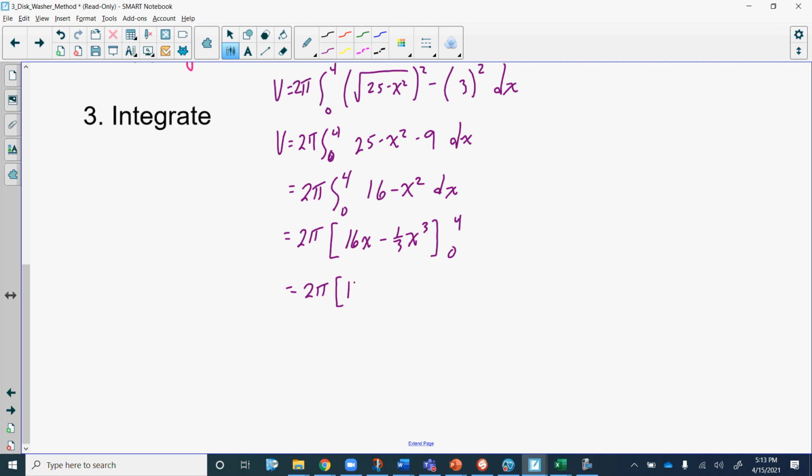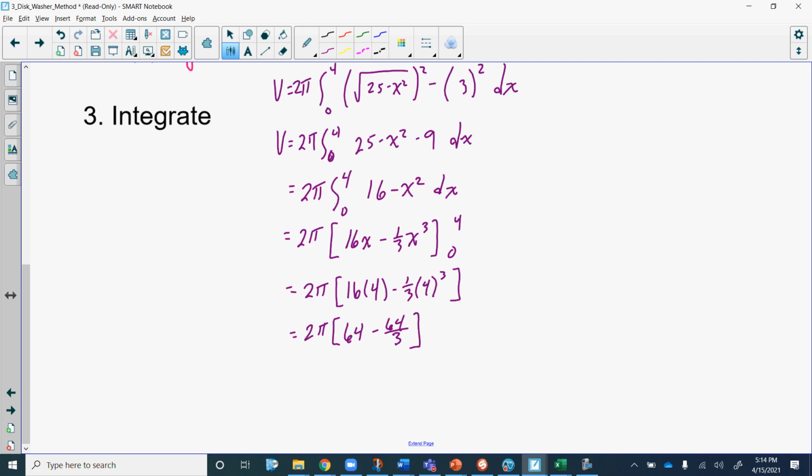So I'm going to say 16 times 4 minus 1/3 4 cubed. And of course, I'm going to stop there because substituting the 0 doesn't matter. And let's see, 16 times 4 is 64. And 4 cubed is 64, so that'll be 64 minus 64 over 3.